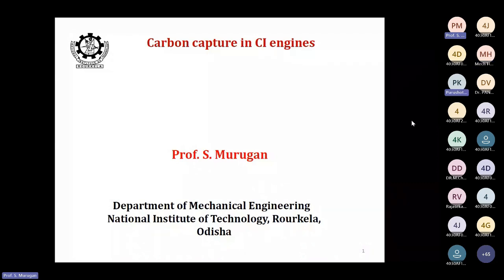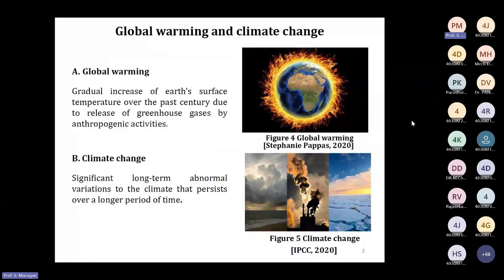So, my topic is carbon capture in CI engines. In recent years, we have been continuously experiencing climate change. In some parts of the world, there is enormous change in the climate, like hikes in temperature, drops in temperature, high rainfall, low rainfall, drought, very cold, like this.